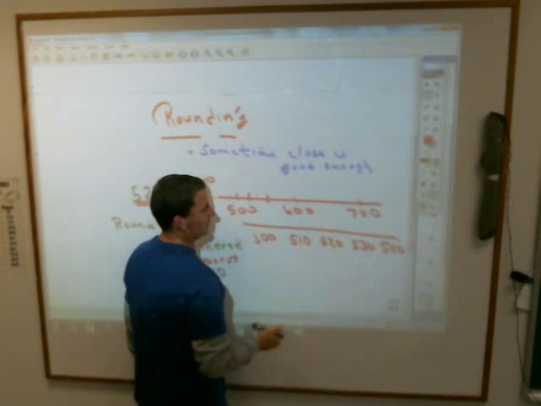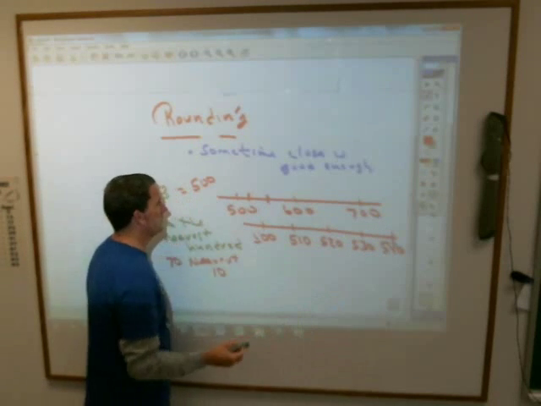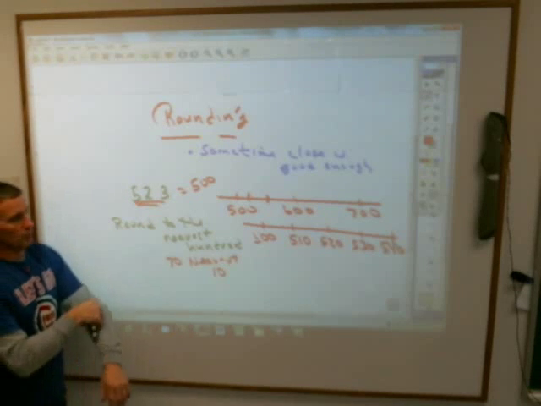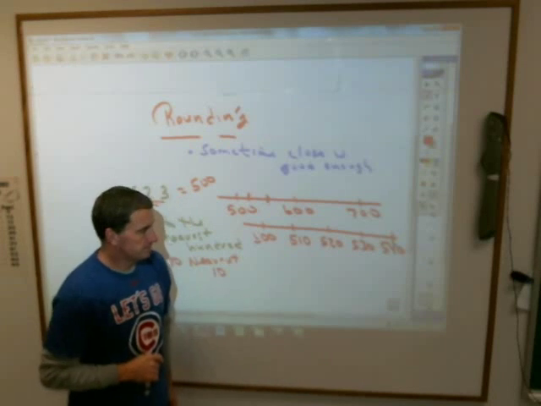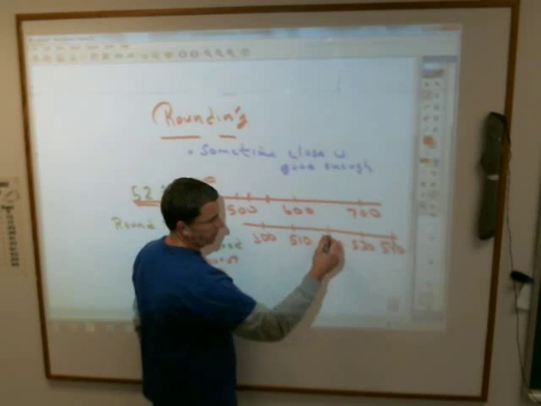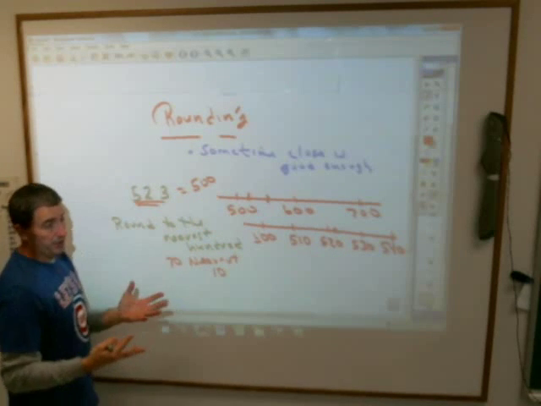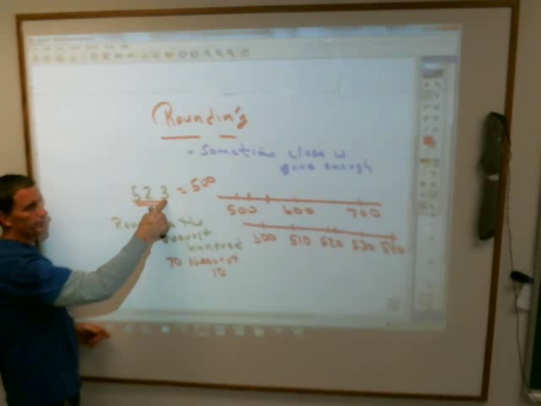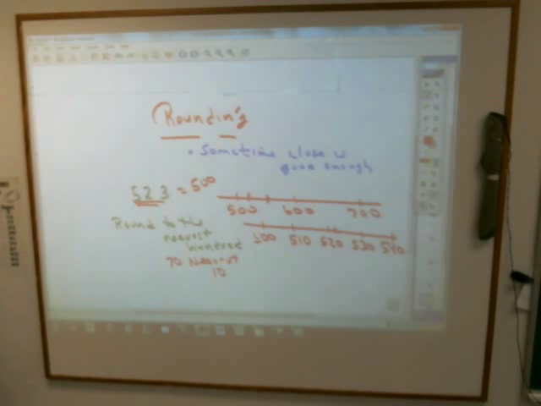Now we're using a whole different set of numbers. 523 is closest to which one of these choices when I count by 10? Jacob? 520. Right, because 523 would be right about right here. What number tells you that? Since I'm rounding to the tens, the next digit over. If this is a 3, it's less than 5, so you know it's going to be closer to the 520 than it is the 530.